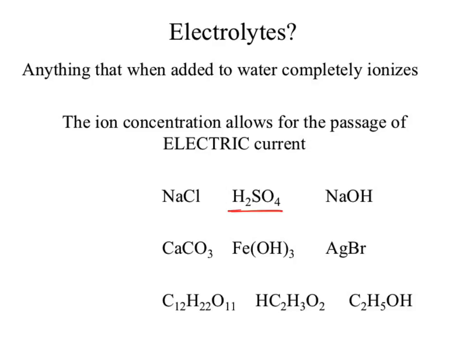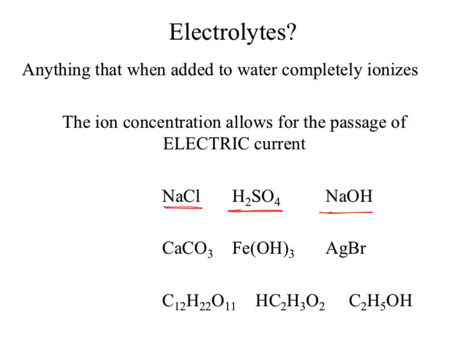That one you literally just did. H2SO4 is a strong acid, which completely ionizes when it hits water. So H2SO4 would be an example of a strong electrolyte. Sodium hydroxide is a strong base, which would suggest a strong electrolyte.